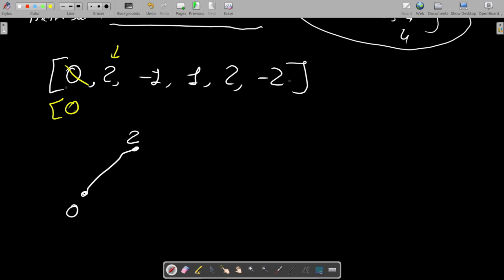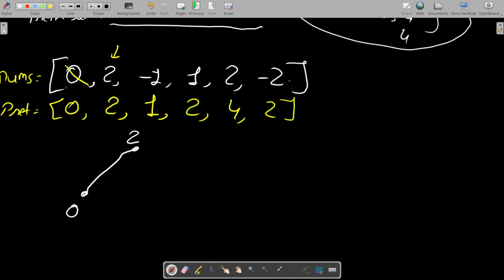Let me write the prefix sums as well: 2 1 2 4 2, so this is our array and this is the prefix sum. We traversed this, then we got to 2, then our answer decreased, or not that much.